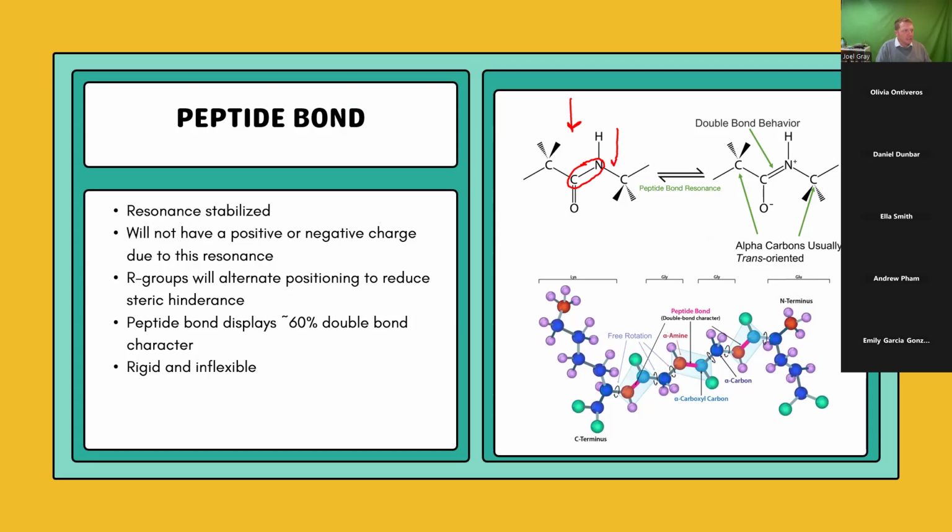N to C is our next bond, and this is known as the phi angle, or phi bond. So that is the one that follows the peptide bond. The one that precedes the peptide bond is known as your psi angle.